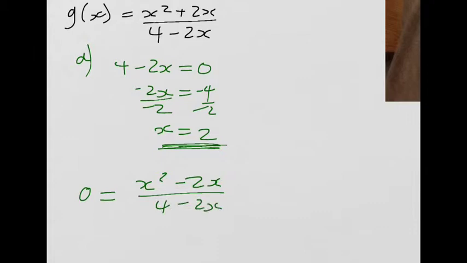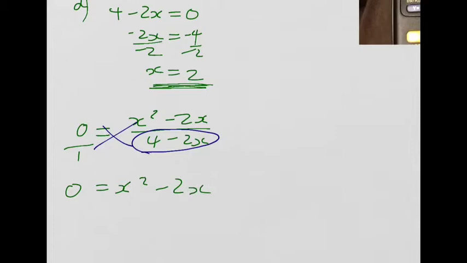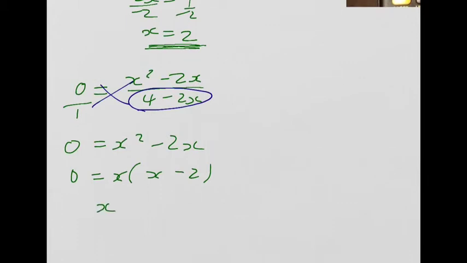Do some cross multiplication. Basically this entire bottom term disappears because it's 0 times all of that. So you have 0 equals x squared minus 2x, and then factor that, so you have x times x minus 2. So x is 0 and 2 for the x-intercepts.